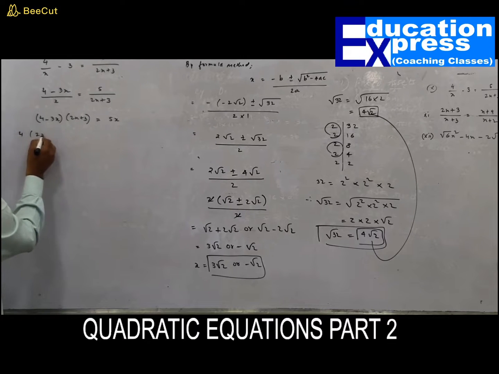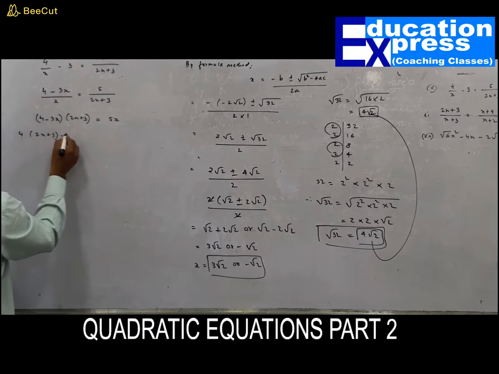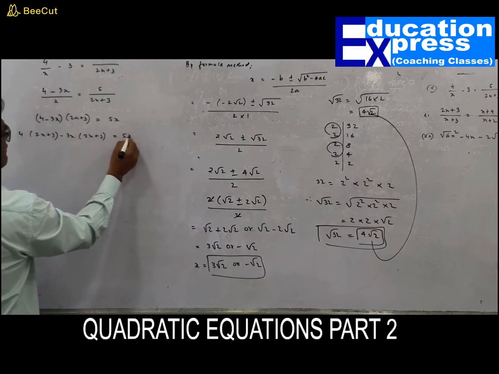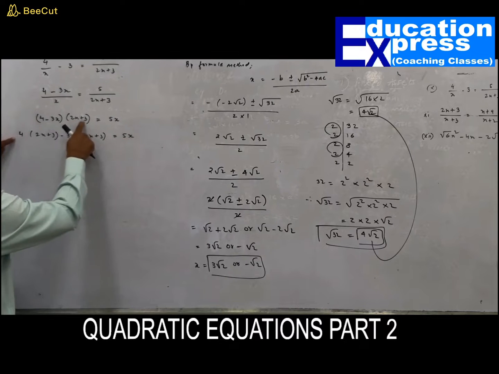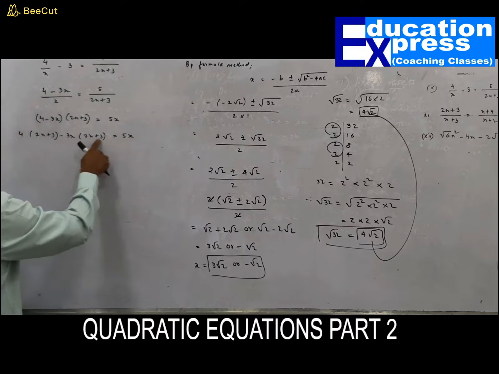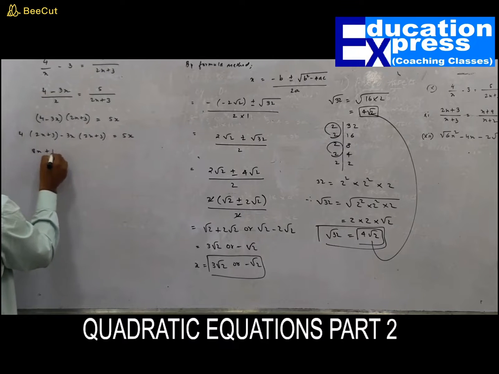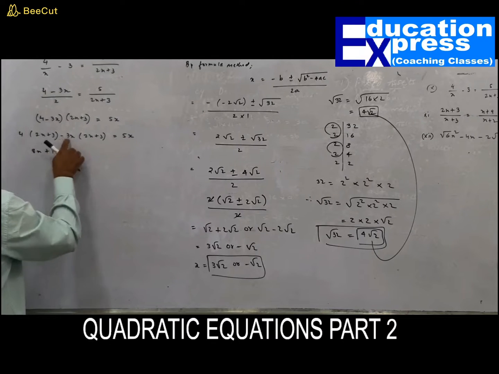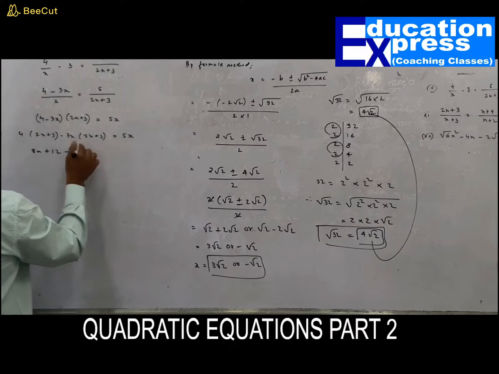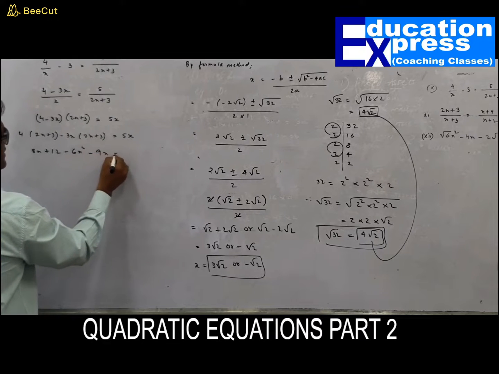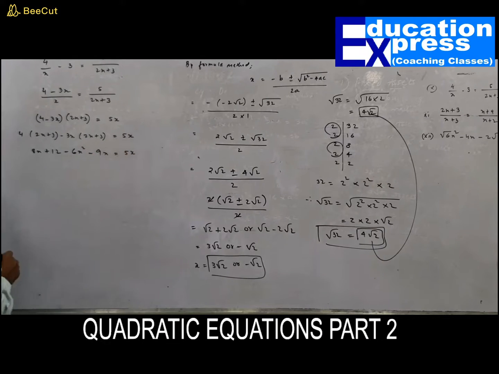4 into 2x plus 3 minus 3x into 2x plus 3 equals 5x. 4 into this, minus 3x into the same thing. 4 2s are 8x plus 12, minus 3 2s are 6, x into x, x square, minus into plus minus 3 3s are 9x, equals 5x.